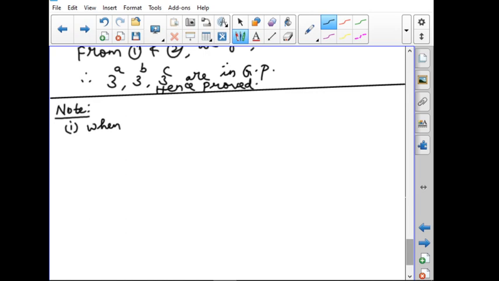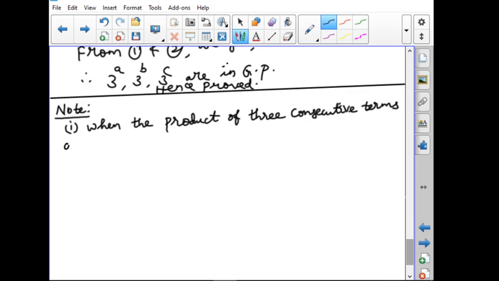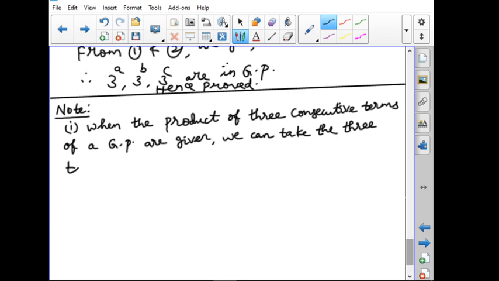First one: when the product of three consecutive terms of a GP is given, we can take the three terms as A by R, A and AR.